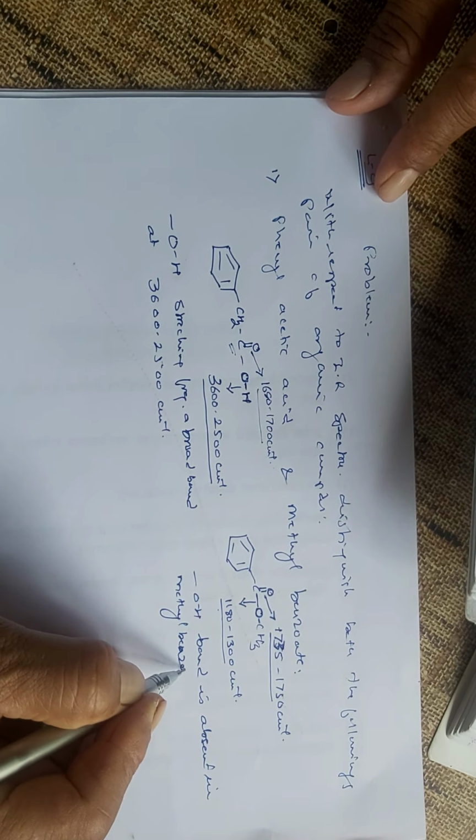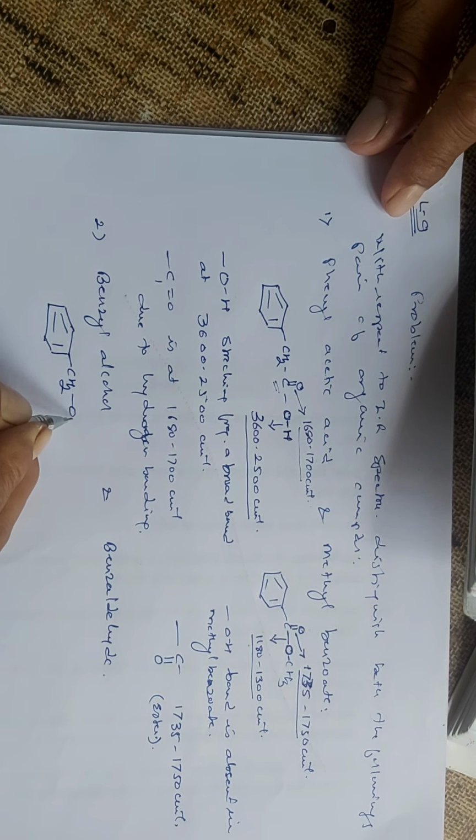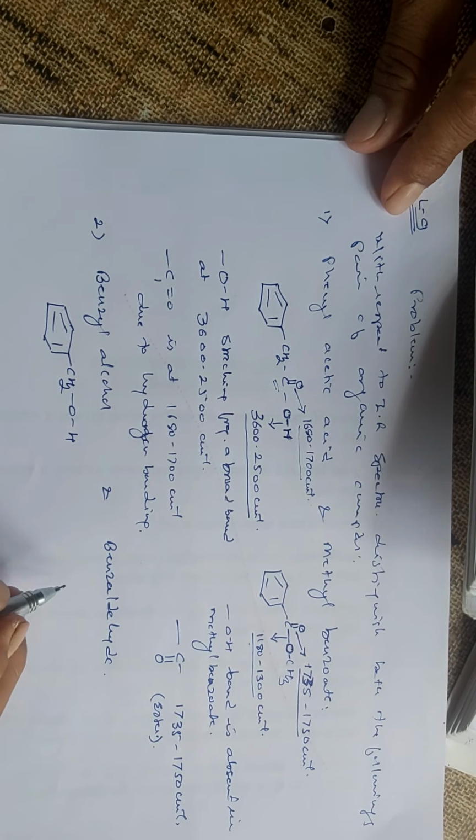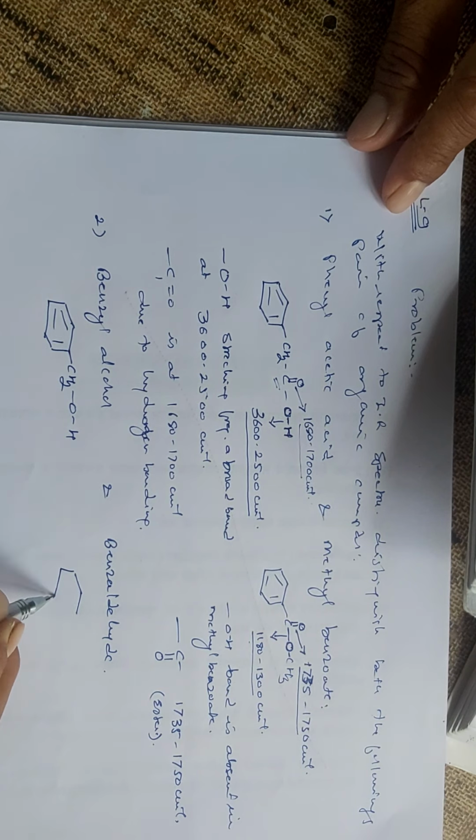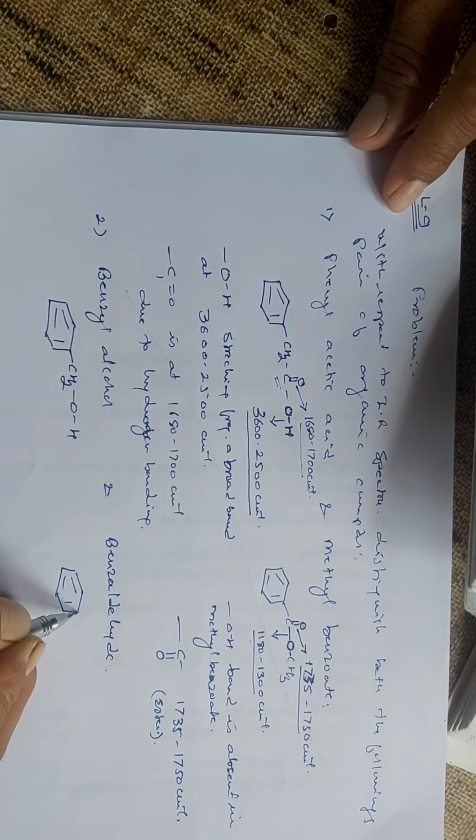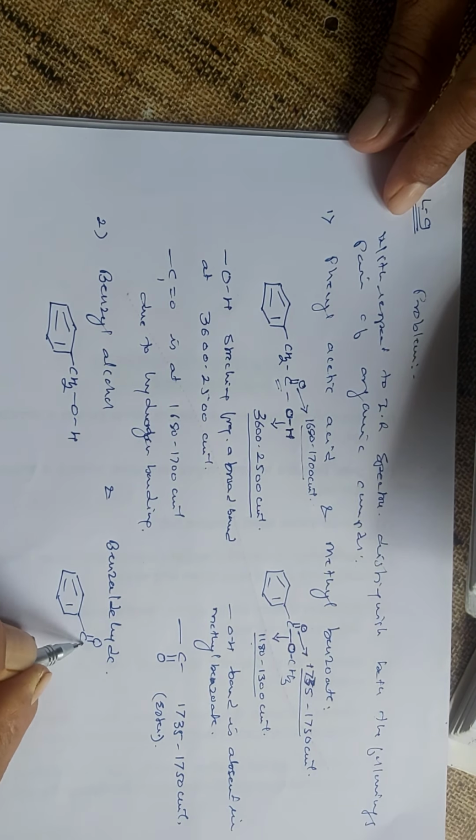The next pair is benzyl alcohol and benzaldehyde. So here benzyl alcohol, we will write the structure, that is CH2OH, and here benzaldehyde, in which we will get a carbonyl stretching frequency and a hydrogen.